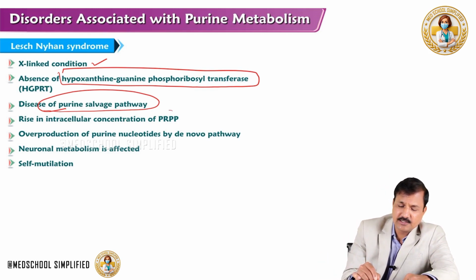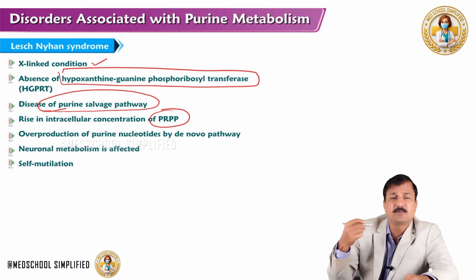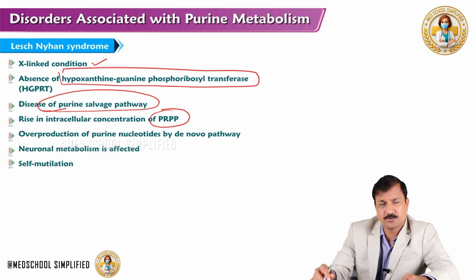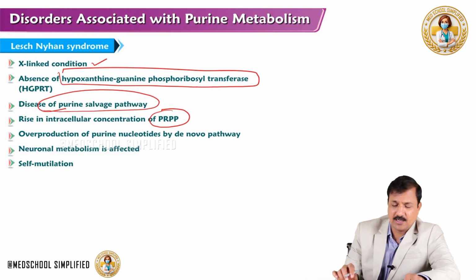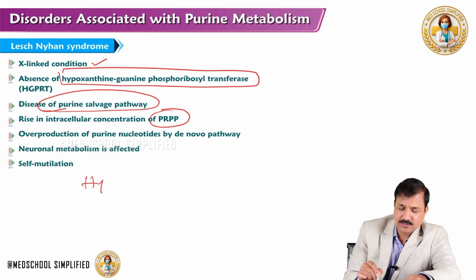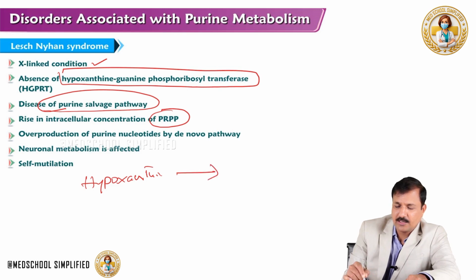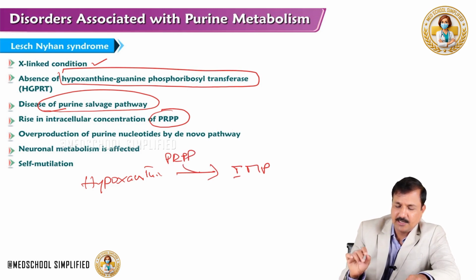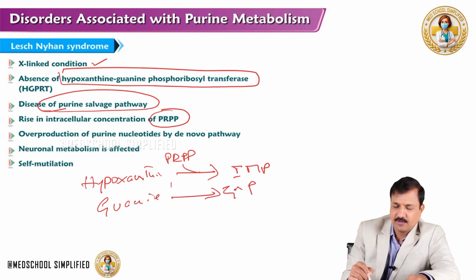Also, when HGPRT is not working, there will be a rise in PRPP, phosphoribosyl pyrophosphate, because hypoxanthine is converted into inosine monophosphate with PRPP entering the reaction. Similarly, guanine is converted into guanosine monophosphate, with PRPP entering the reaction.